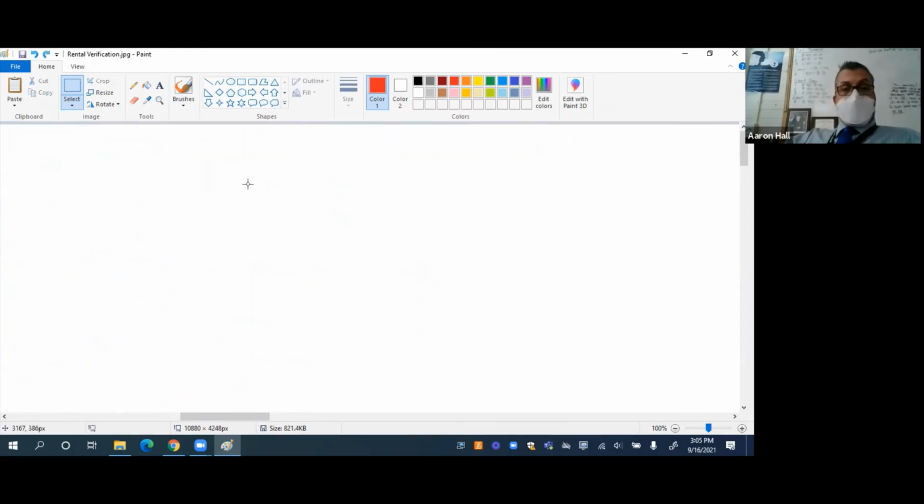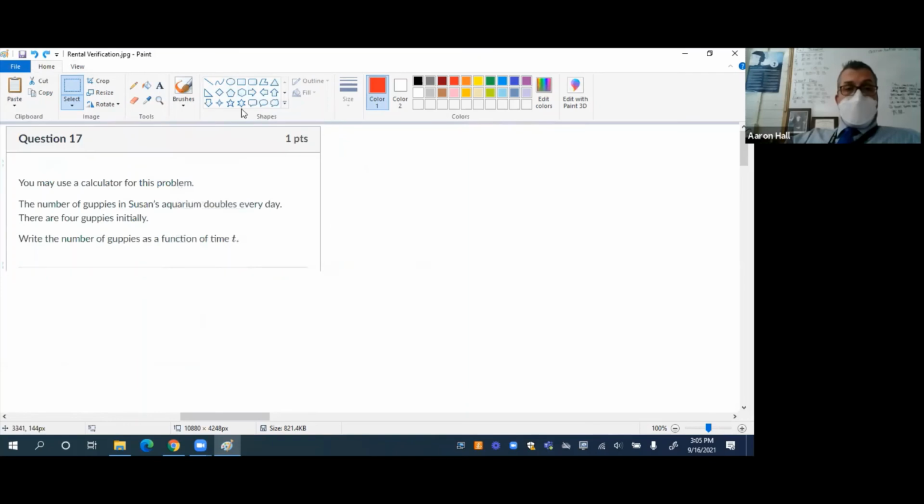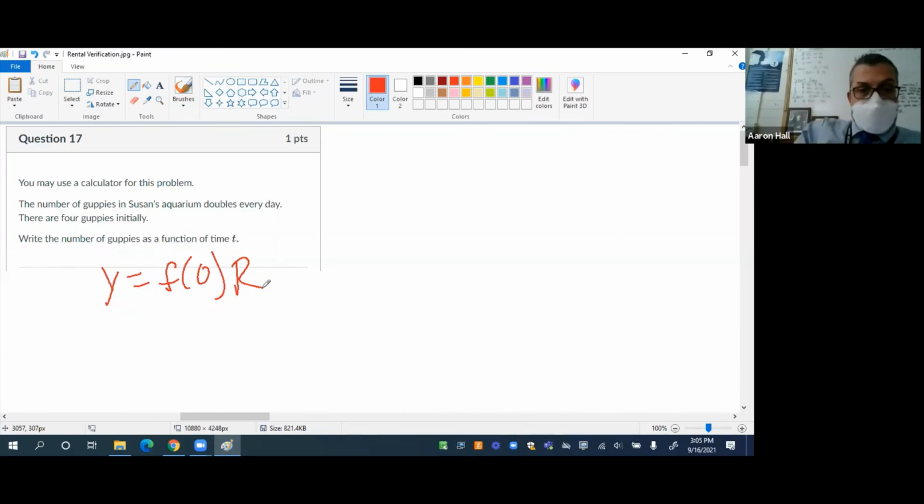So if you recall, this was the equation for exponentials: y equals f of 0 times our ratio to the power of t. And I can prove that because at time 0, how many guppies do I have? 4, right? And then it doubles.